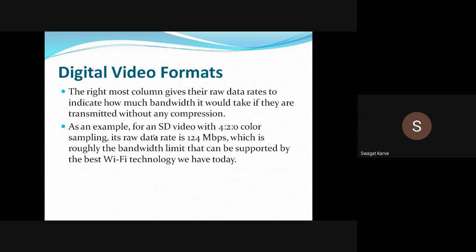For example, if you have an SD video with 4:2:0 color sampling, what does 4:2:0 mean? In RGB, red is 4, G is 2 and B is 0. So this 4:2:0 color sampling has a raw data rate of 124 Mbps, 124 megabits per second, which is roughly the bandwidth limit that can be supported by the best Wi-Fi technology we have today.